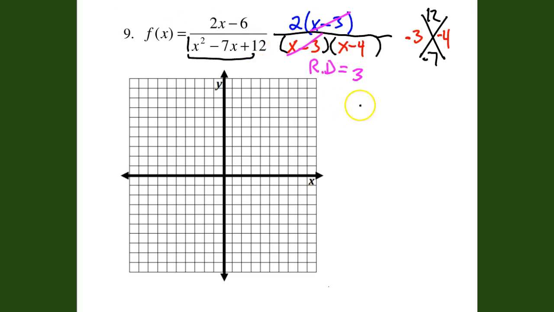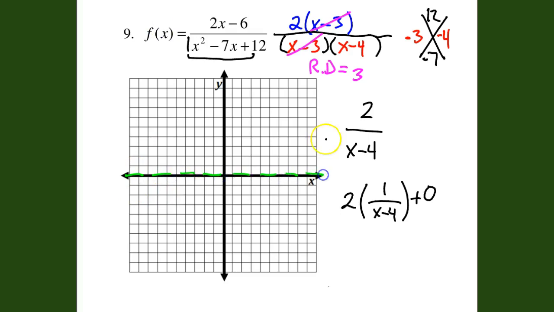And I'm left to graph 2 over x minus 4, which is the same as just factoring that 2 out. And remember, the horizontal asymptote is 0 here when there's no number present. So we have 0 here, and positive 4 here. 1, 2, 3, 4.